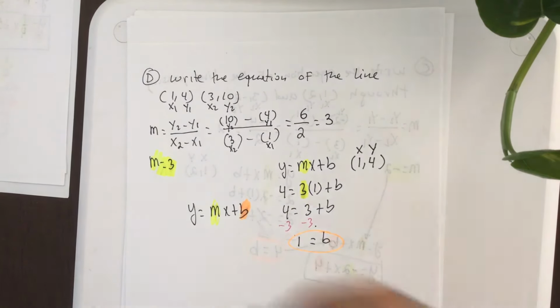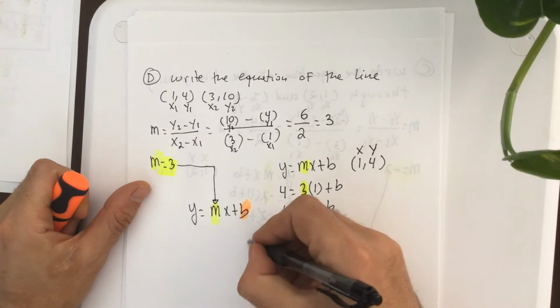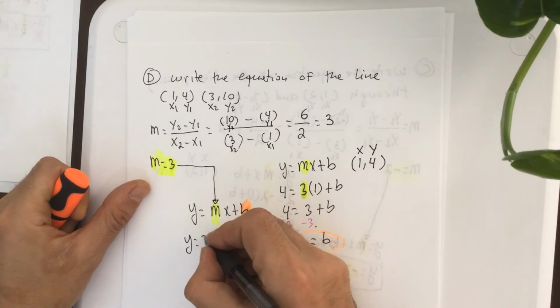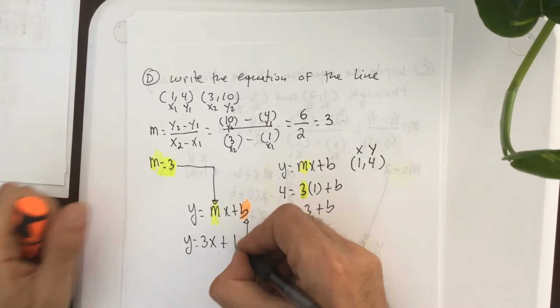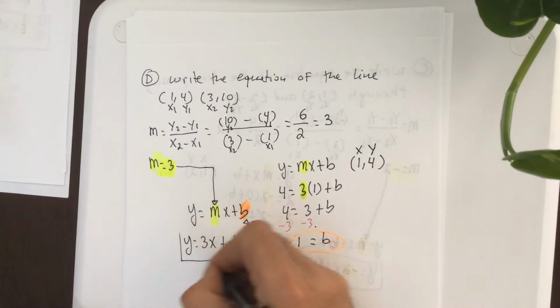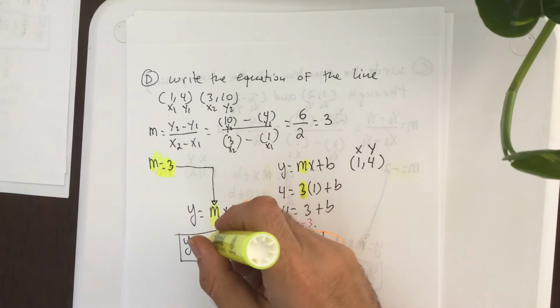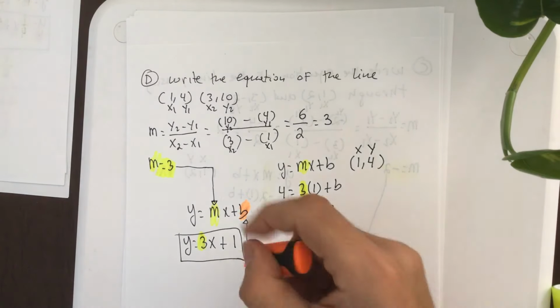Doing the substitution should give you the answer that we want. So this goes in here, and this one goes in here. So y equals 3x plus 1. So that is the equation of the line that goes through points (1, 4) and (3, 10).